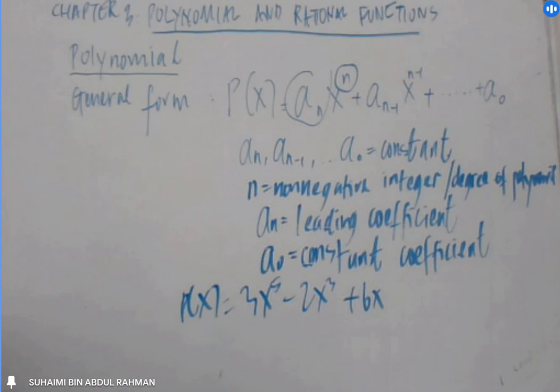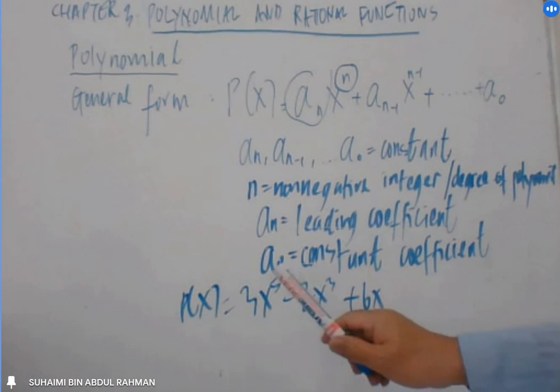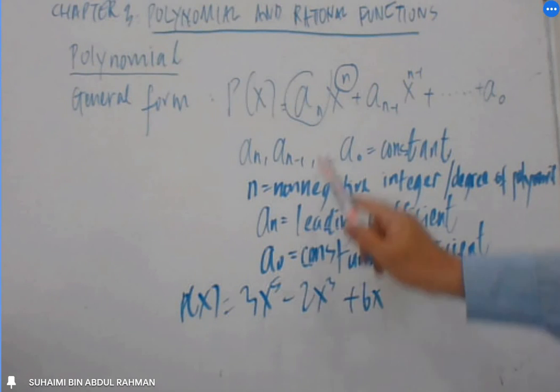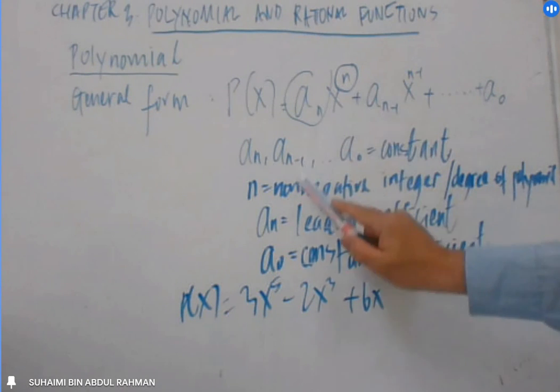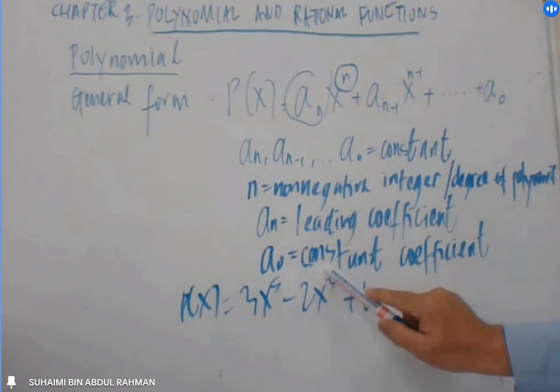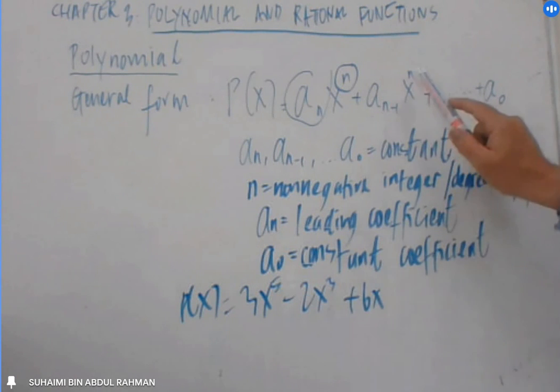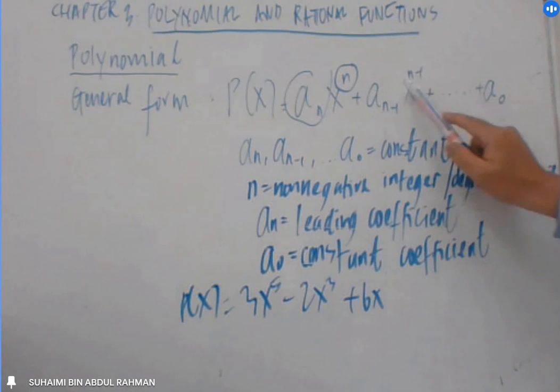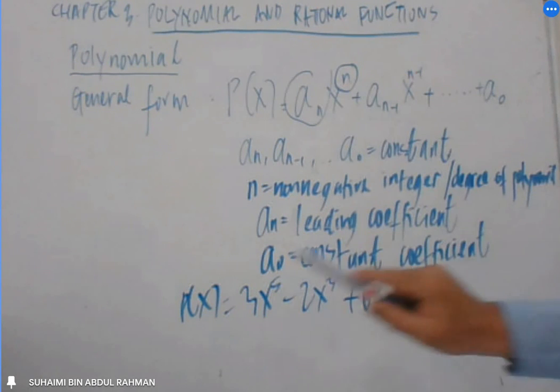What is the degree of this polynomial? 5 and 3, only one degree, right? The degree is 5. n here represents the degree of the polynomial. 3 is not n.